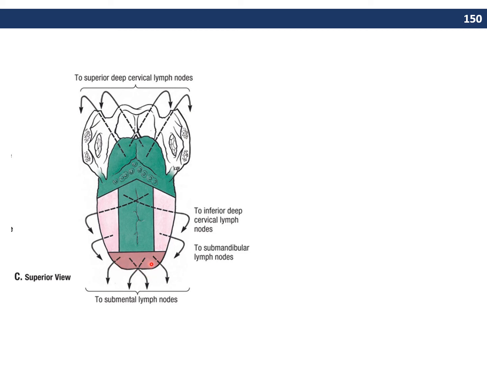The submental lymph nodes also are superficial lymph nodes. They're part of that cervical ring of superficial lymph nodes at the base of the neck. The submental lymph nodes drain the apex of the tongue, and then drain into inferior deep cervical lymph nodes.